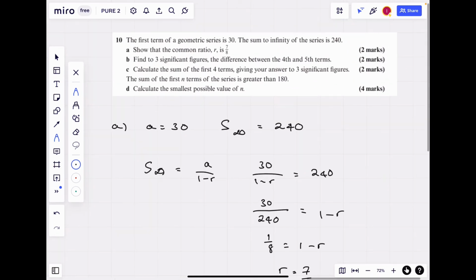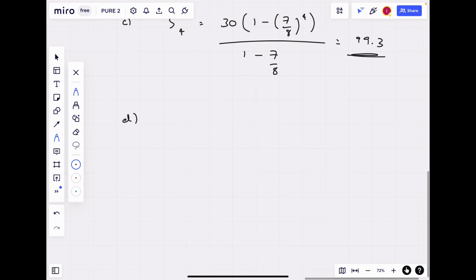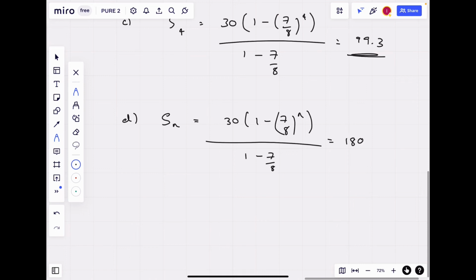Last question. The sum of the first n terms of the series is greater than 180. Okay, calculate the smallest possible value of n. Okay, so if the sum of the first n terms is greater than 180, let's try and work out what exact value of n equals 180. 30 bracket 1 minus 7/8 to the power of n over 1 minus 7/8 equals 180.